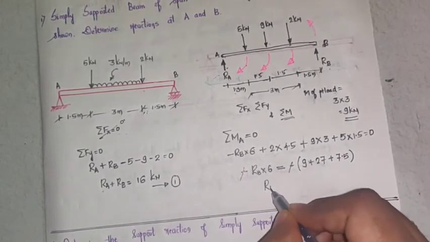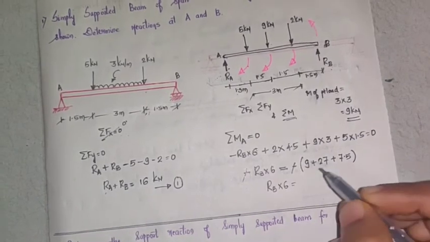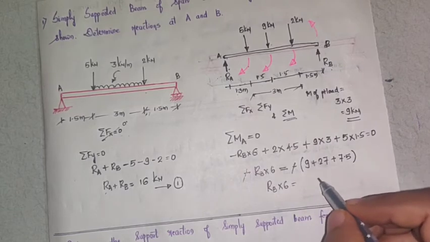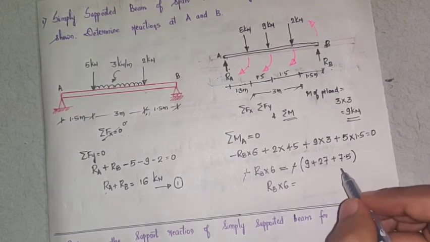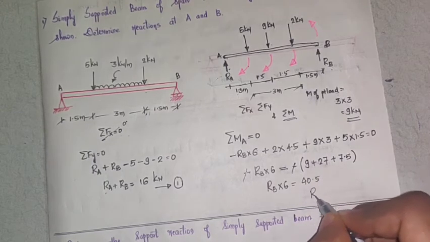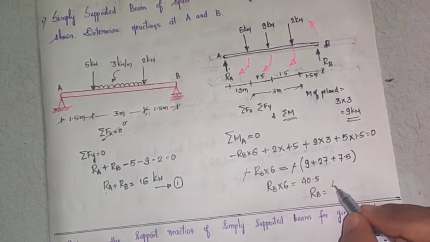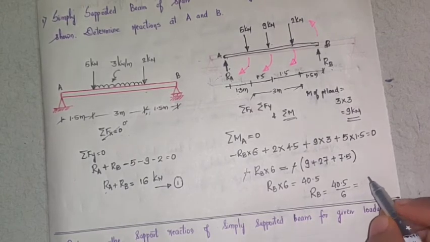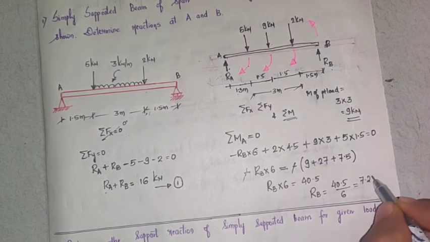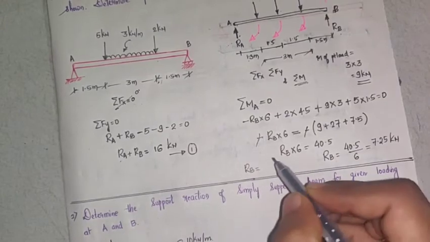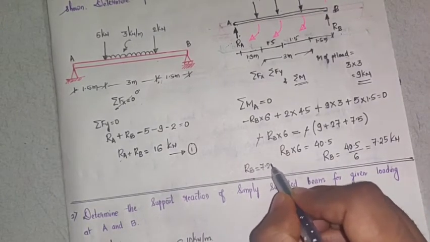So I'll be left with Rb into 6 equal to addition of all this. 27 plus 9 is 36, 36 plus 7.5, 43.5. So I'll take Rb equal to 43.5 divided by 6, which will be equal to 7.25 kilonewton. So I have got value of Rb, which is 7.25 kilonewton.